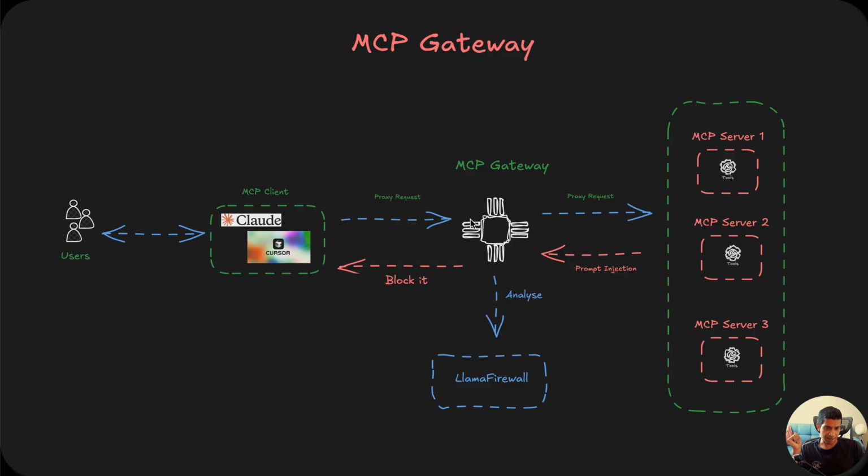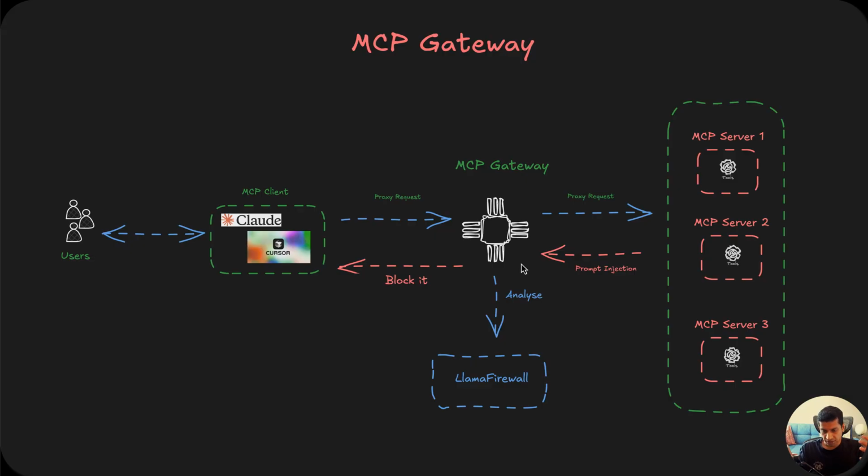And one good example is, let's say you have a request from your client, and let's say one of your servers is malicious and it is trying to perform prompt injection, right? Because you are monitoring all the requests, you could pass any response which comes back from your MCP server to something like Llama Firewall or any of these models which can detect, hey, this seems like a prompt injection attack, block it.